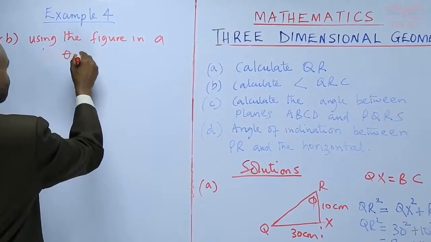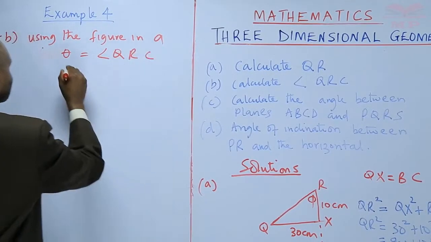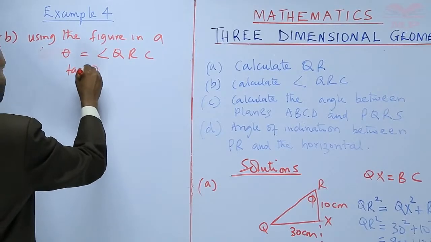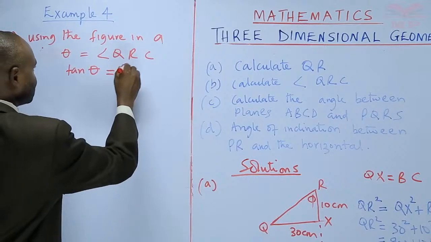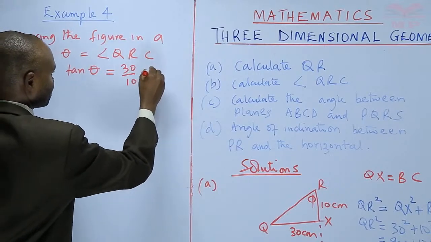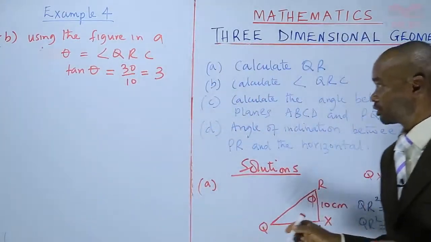Theta is equal to angle QRC. So tan theta will be equal to 30 over 10, which gives you 3. Opposite over adjacent gives you 3.